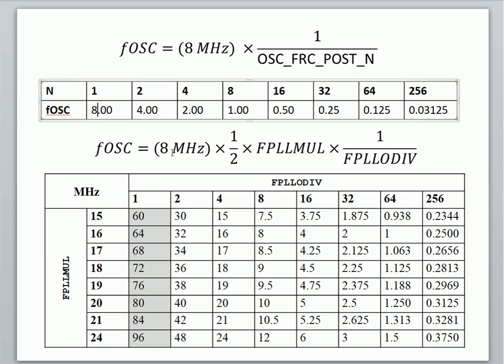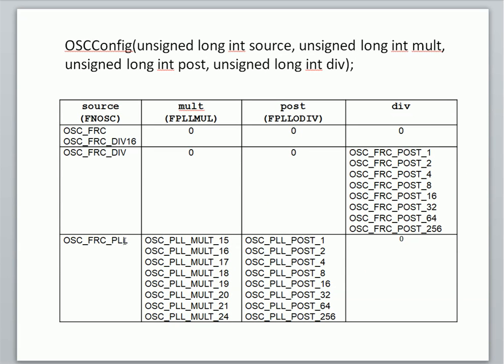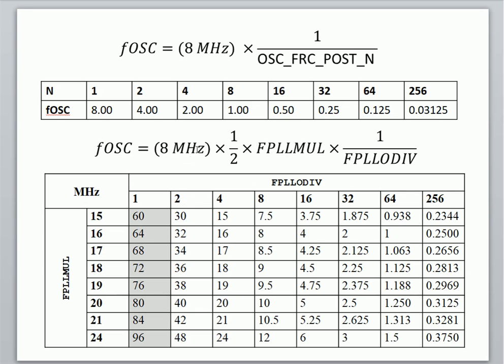The second one is when we're using phase loop locking. Here's the formula for it, and it's 8 times a factor we don't have any control of, 1/2, times FPLL, the multiplier and the divider. So taking our 8 megahertz chip, dividing by 2, so 4 megahertz, multiplying these numbers out, here are the different values you can get.